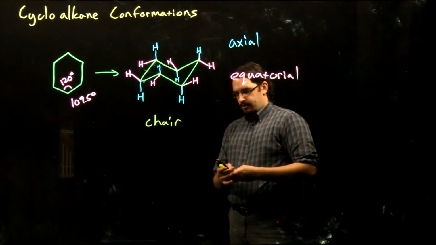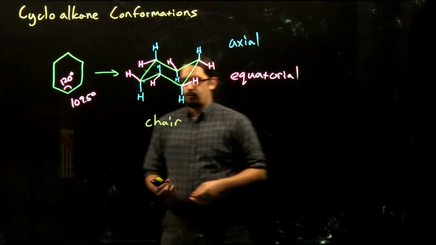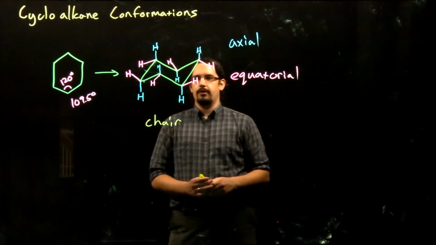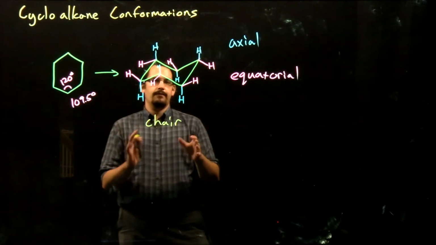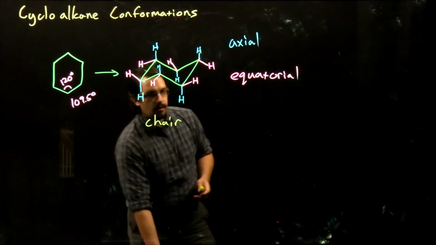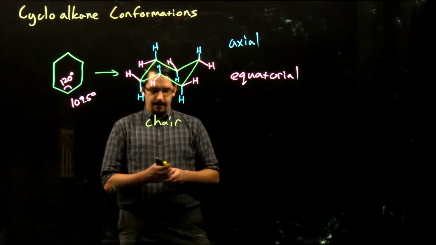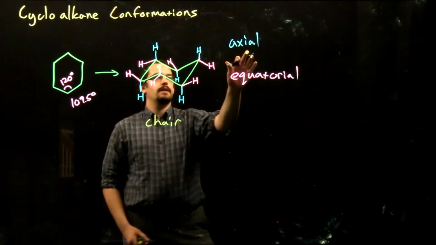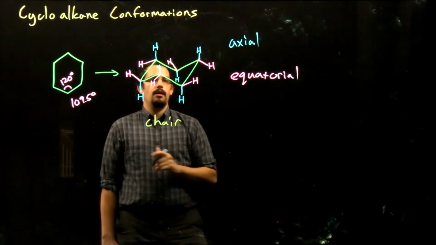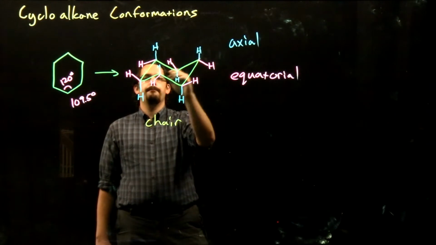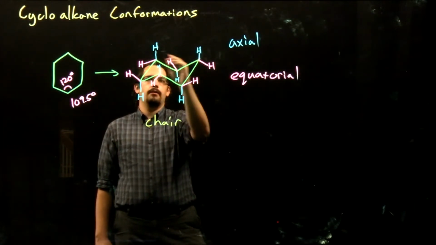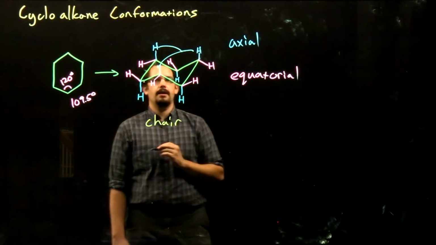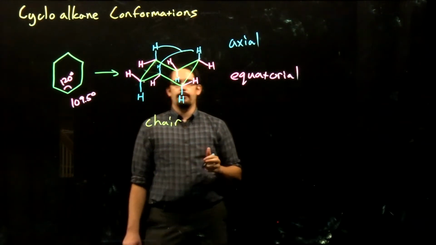Now, for our ring structure here, we start out with our axial and equatorial groups. These both have slightly different properties for our cycloalkane overall. So axial groups tend to be a little bit more crowded, right? They can have some steric interactions between all of these axial groups on the same side of our ring.